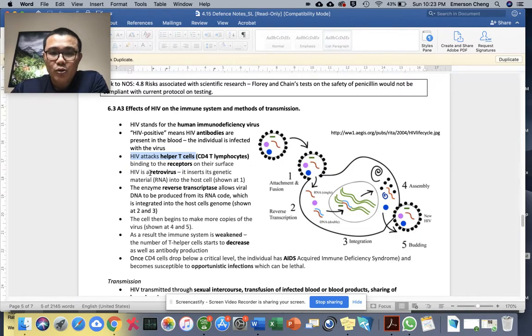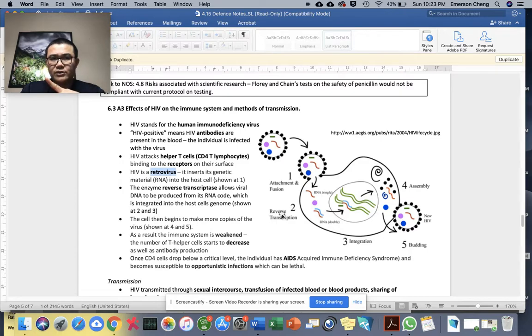So now retrovirus. A retrovirus is a type of virus which uses RNA for its genetic material. Currently, the coronavirus is also a retrovirus, so it also uses RNA. Once they go in as RNA, they need to go through a process of reverse transcription.